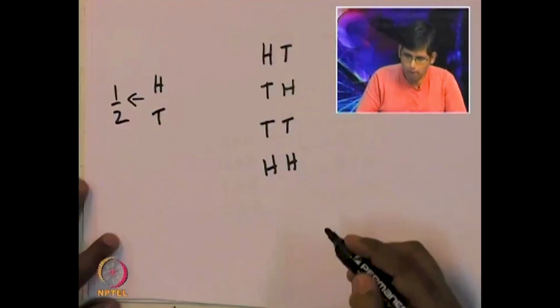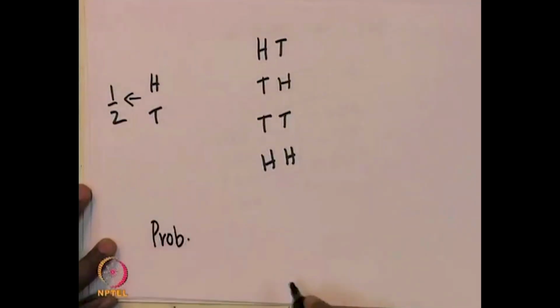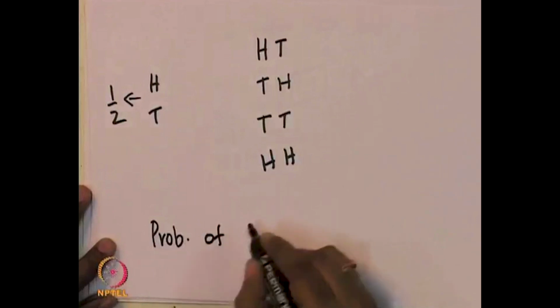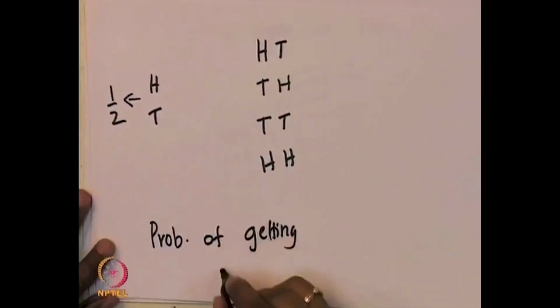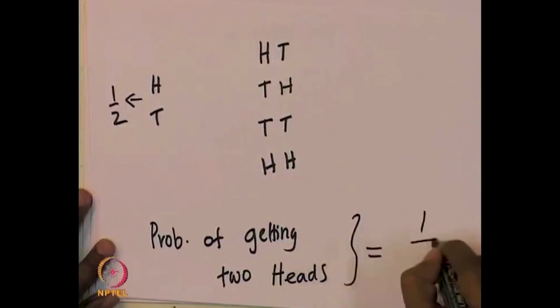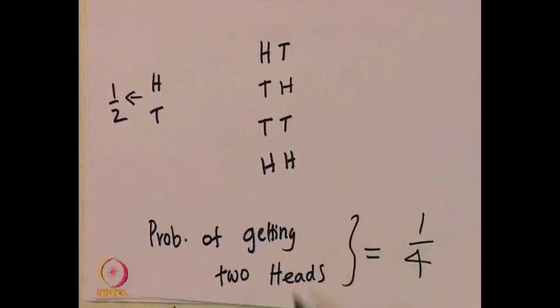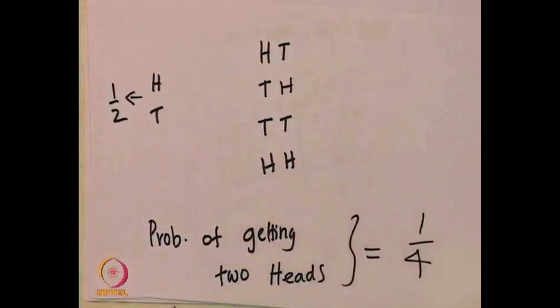So, the probability of getting 2 heads: there are 4 events possible, and this is just one event among the 4. So, it is just 1 by 4.